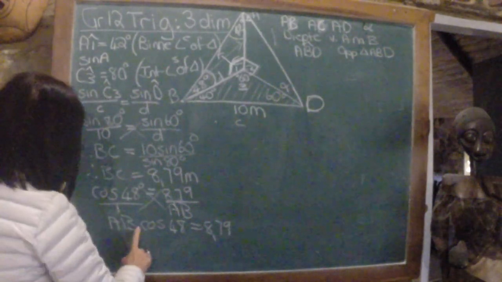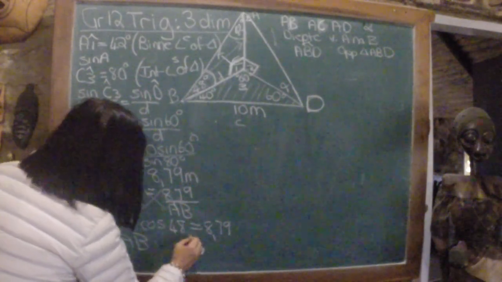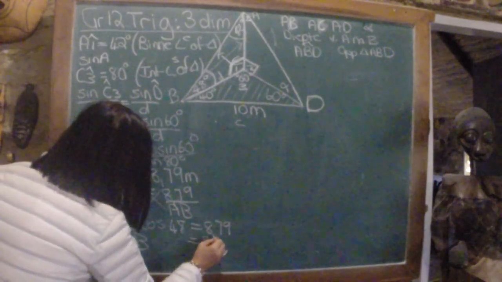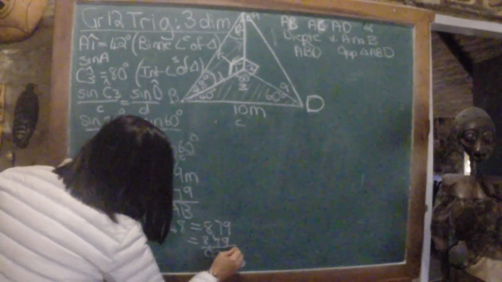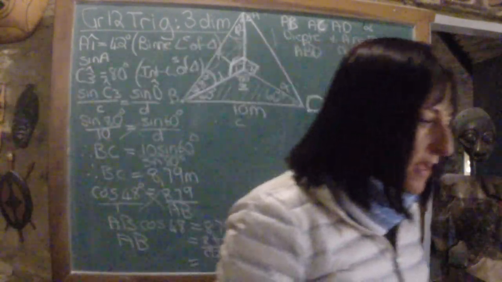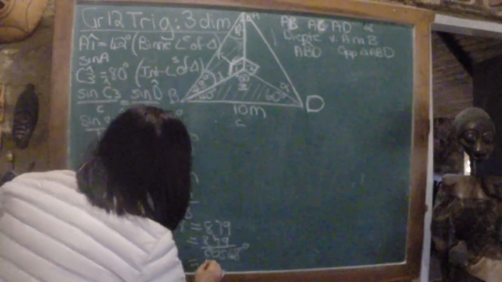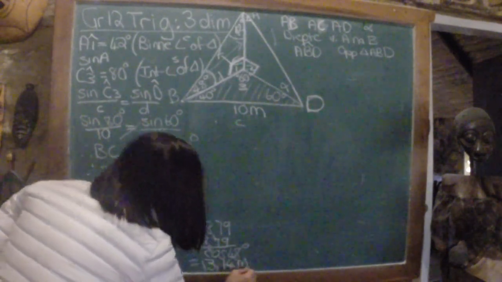En nou kan ek AB alleen kry, en ek gaan deel aan die kant met cos van 48 grade. And now I can put this into my calculator to get the value of AB as 13,14 meter, round 2 places.